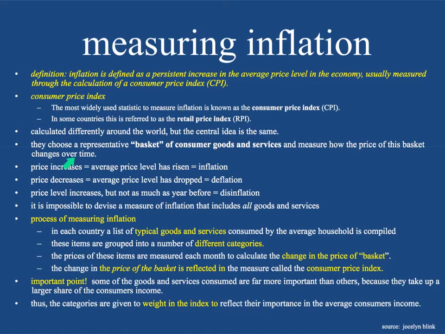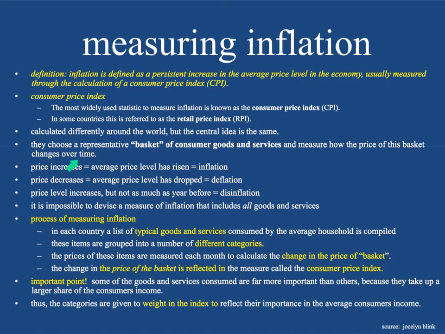You find 100 things that everybody pretty much spends money on every year, and then you throw it in a basket, and then you add up the prices of your basket, and that's the value of your basket. And in year one, you add them up, and it adds up to 100. Great. Then the next year, you add up all of those prices of the same goods, and you find out that the price is 102, or 2% higher. Guess what? Your inflation rate for that year is 2%.